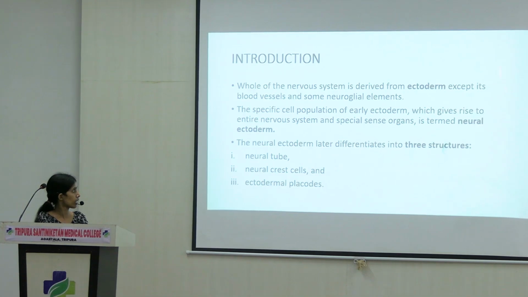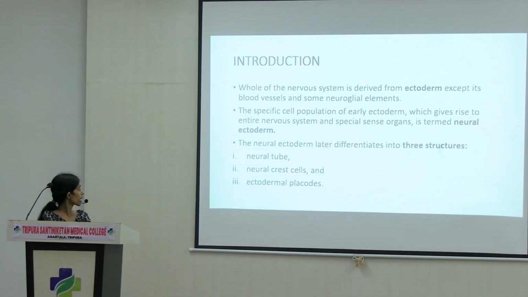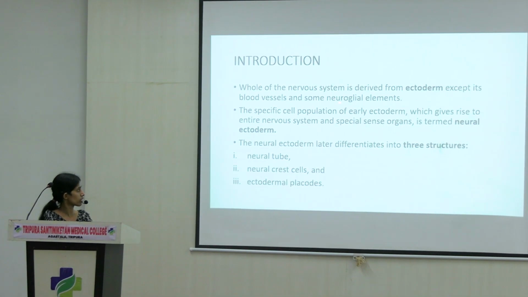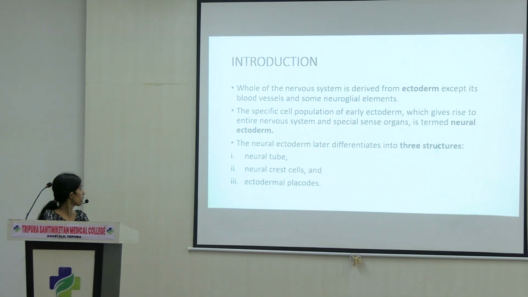Nervous system is derived from the ectoderm, except its blood vessels and some neuroglial elements. The specific cell population of early ectoderm, which gives rise to the entire nervous system and special sense organs, is termed neural ectoderm. The neural ectoderm later differentiates into 3 important structures.